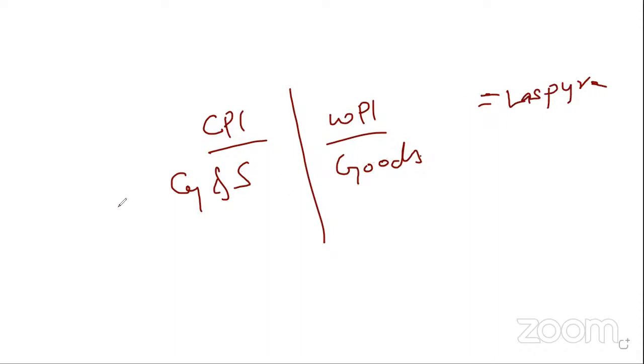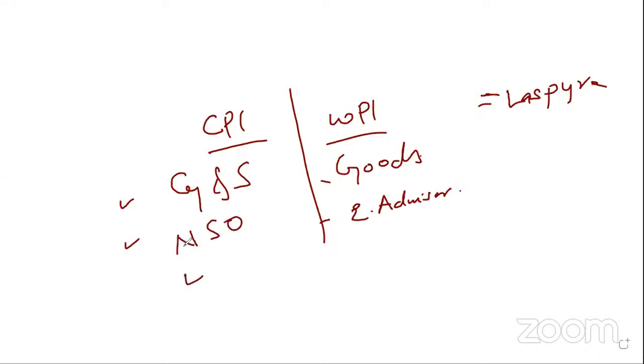Then CPI we use from labor. WPI is given by the Economic Advisor. Okay, and this is given by NSO and Labor Bureau.